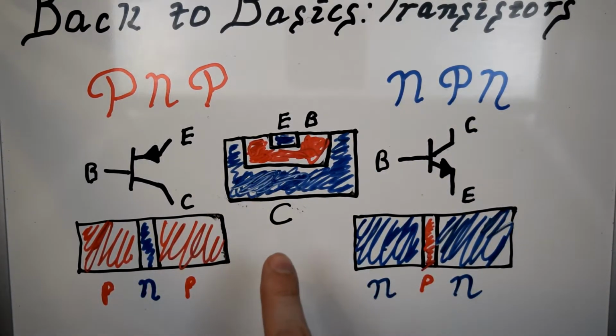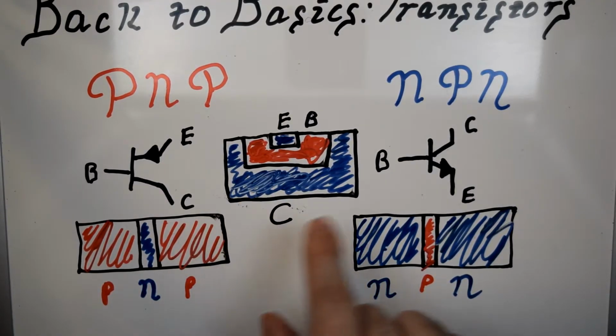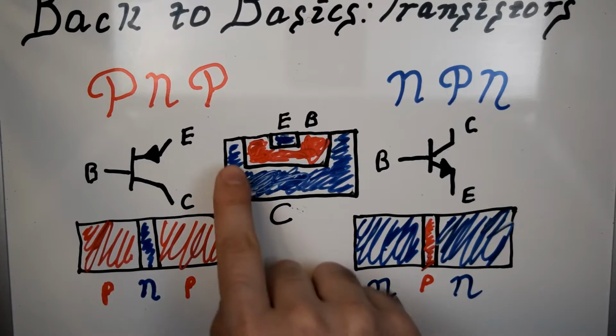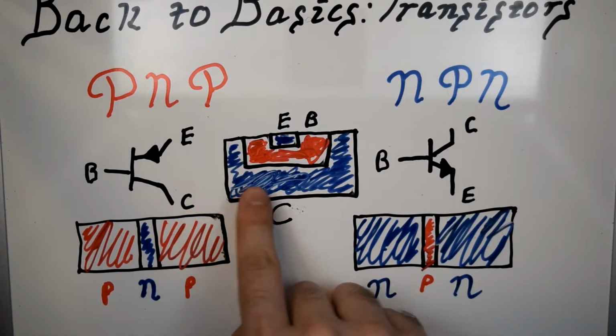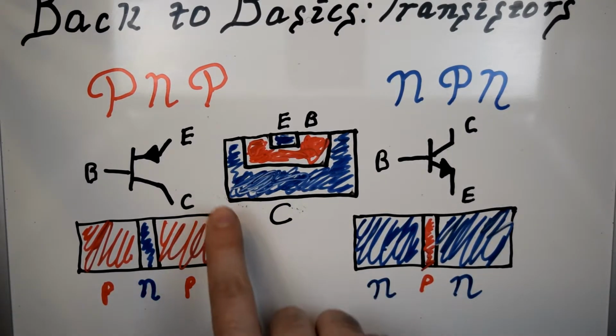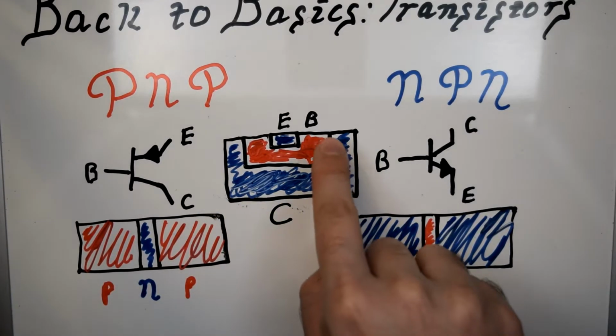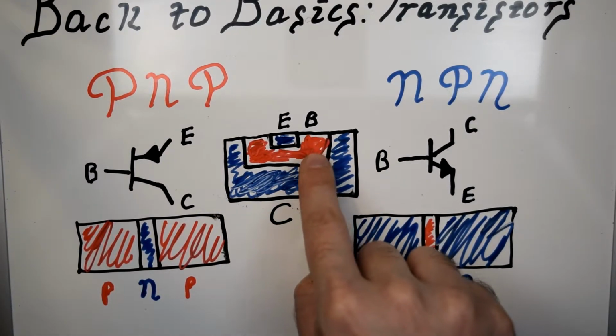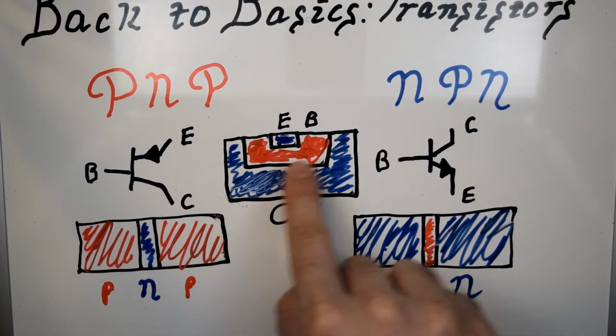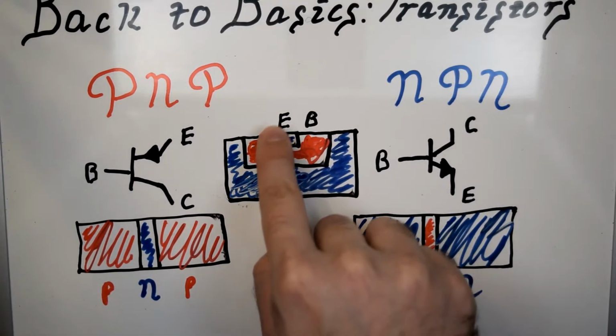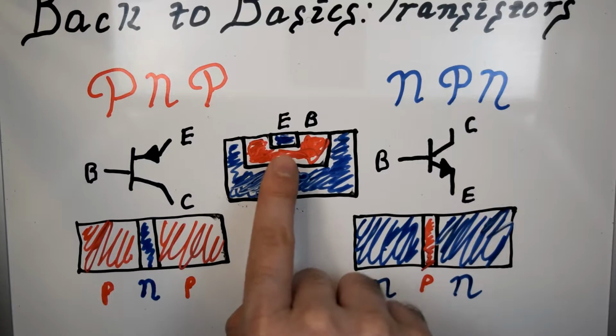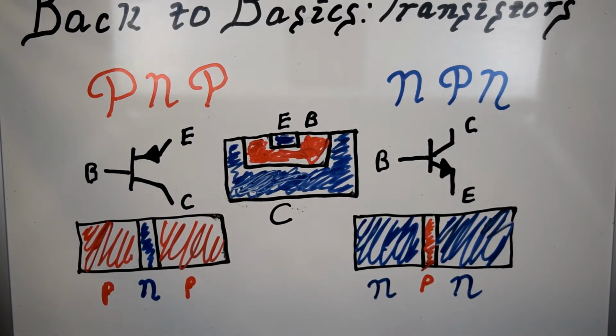And epitaxial is a fancy name for ordered layers. So what happens is you have a crystal of, in this case, N material, and then a crystal of P material is grown into it, and then another crystal of N material is grown into that.